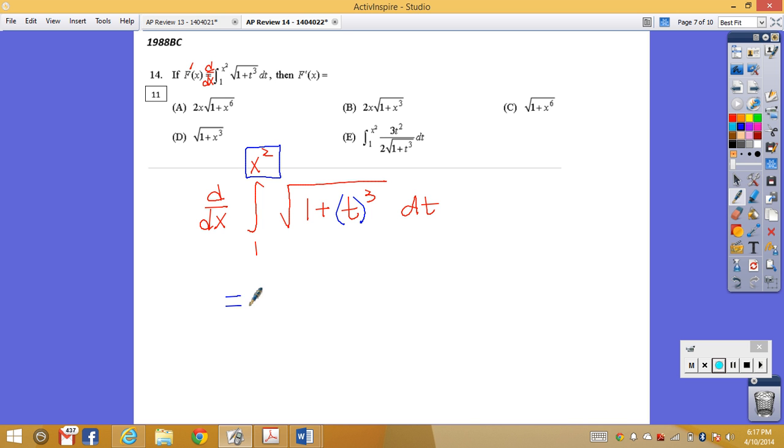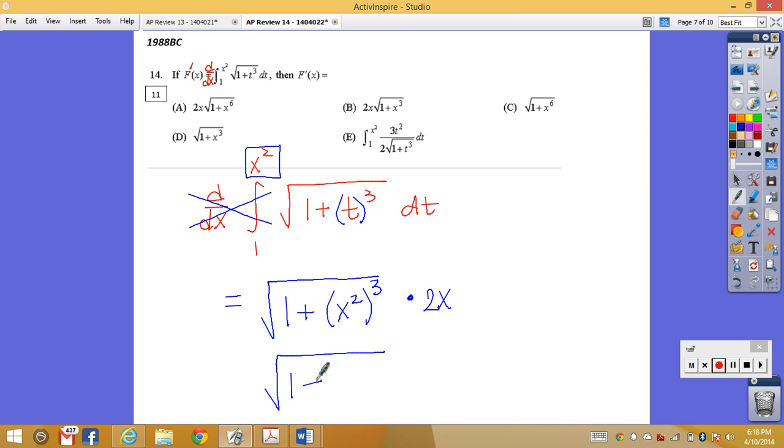So, first of all, these in a sense will cancel each other, and we won't have that anymore. I'm going to have 1 plus t, which is x squared, then the whole thing cubed, and then multiplied by the derivative of the g function up there, which would be 2x. So that would be the square root of 1 plus x to the 6th times 2x.